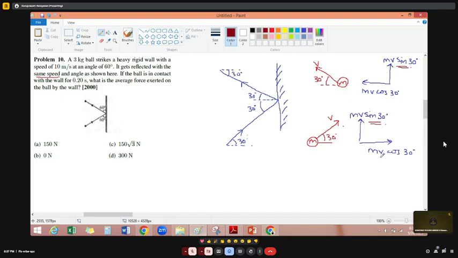But look at the momentum here. This is going towards the right, here it is coming towards the left, which means the momentum is changed. You should not think that this minus this is 0. That is wrong. Since the direction is changing, this will become minus, so this is actually minus mv cos 30. Whereas the sin components cancel each other because both are going upwards.